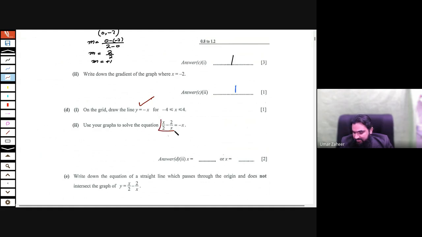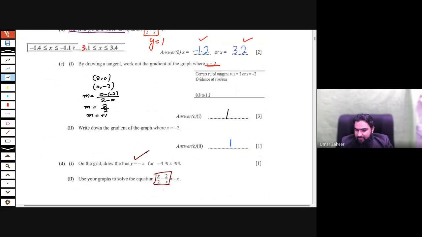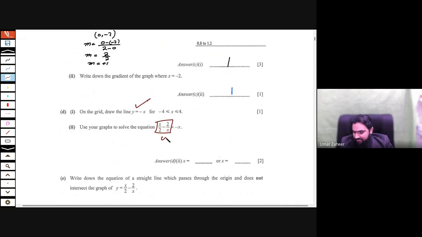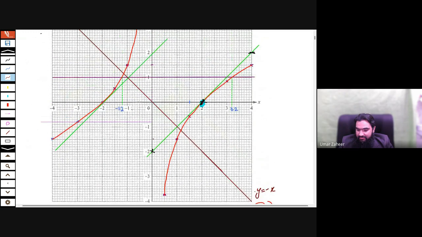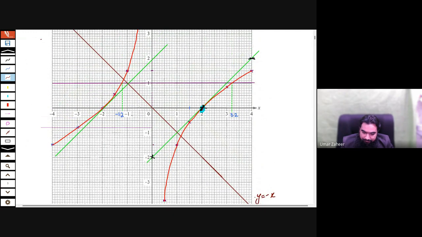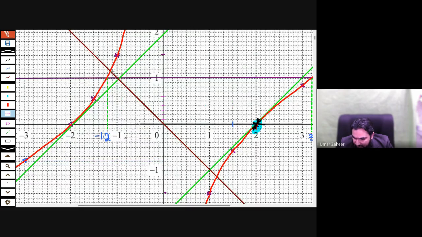So look at here. This is exactly the same function. It is exactly the same type of question. So you will get y is equal to -x. So basically, where the graph and the line cut, that's your solution point. So the graph is going to cut the line at this point.